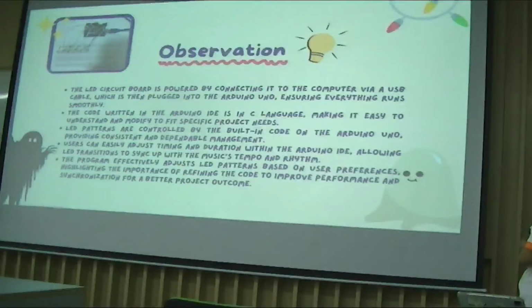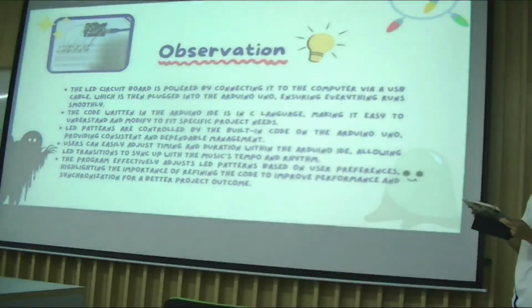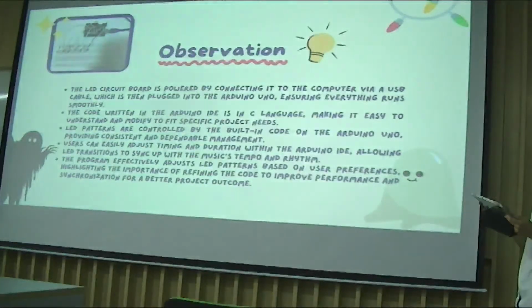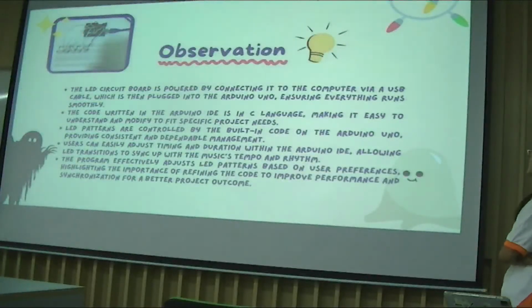Observation: the LED circuit board is powered by connecting it to the computer via a USB cable, which is then plugged into the Arduino Uno, ensuring everything runs smoothly. The code written in the Arduino IDE is in C language, making it easy to understand and modify to fit specific project needs. LED patterns are controlled by the built-in code on the Arduino Uno, providing consistent and dependable management.